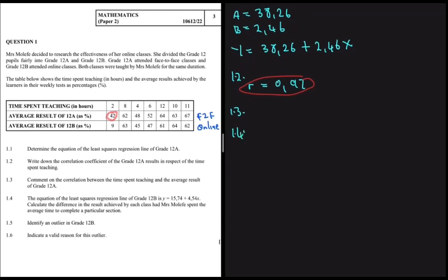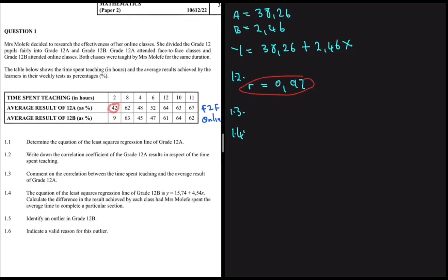So 1.4 says that the equation of the least squares regression line of grade 12B is, and so now we have the line for grade 12B. Grade 12B is given as y is equal to 15.74 plus 4.54x.